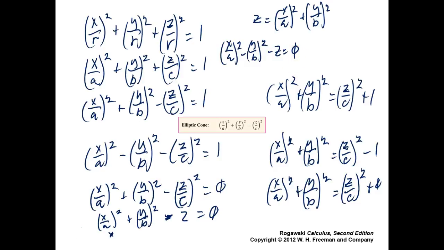That's not the way we usually write it. We do it just like above, which would be z is equal to x over a squared minus y over b squared.